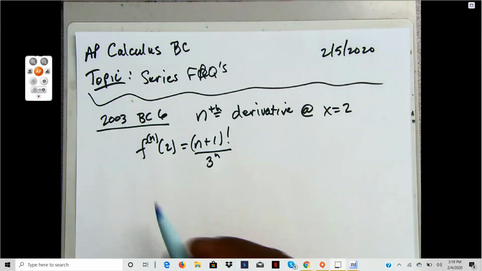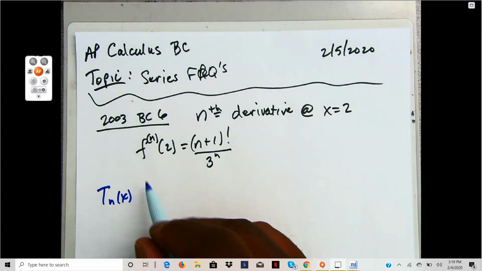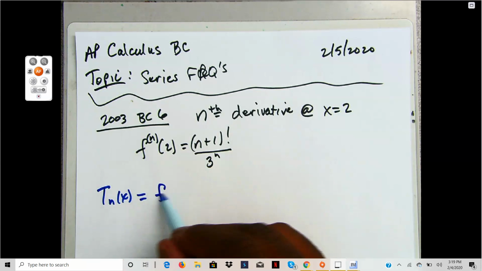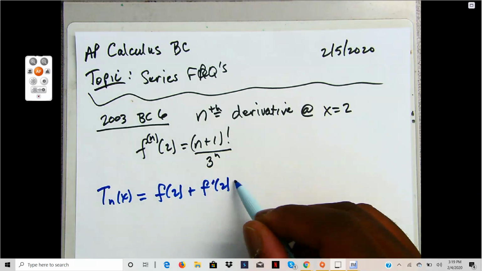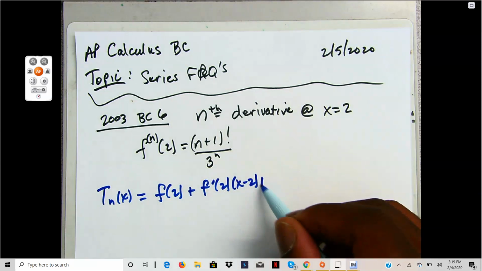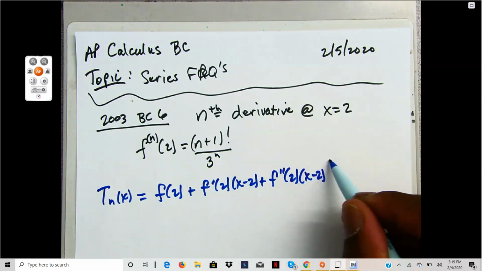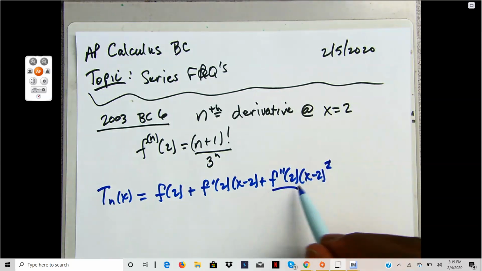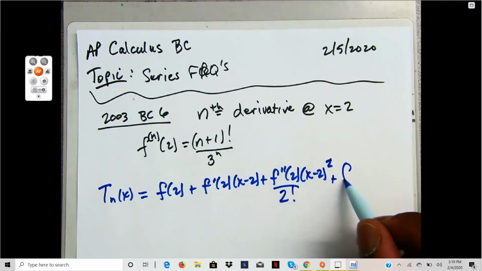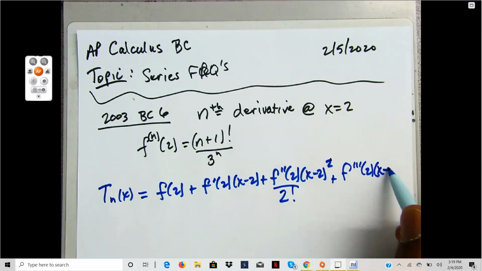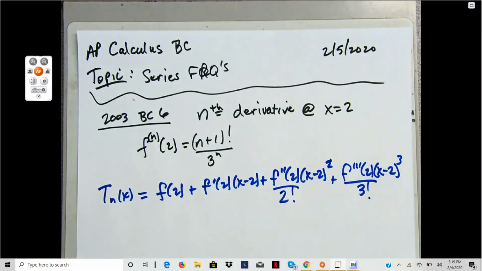So what we know is that our Taylor polynomial is f of 2 plus f prime of 2 times x minus 2 plus f double prime of 2 times x minus 2 squared over 2 factorial plus f triple prime of 2 times x minus 2 cubed over 3 factorial, and so on and so forth.